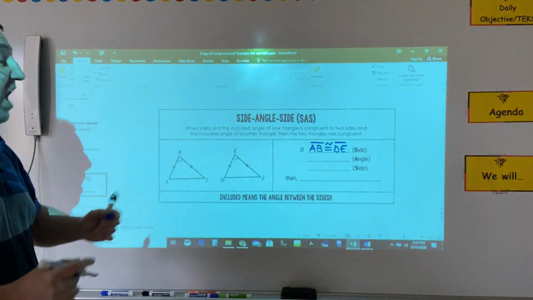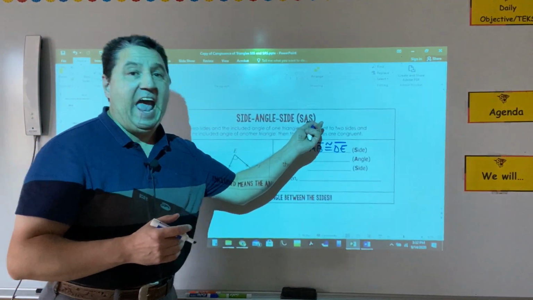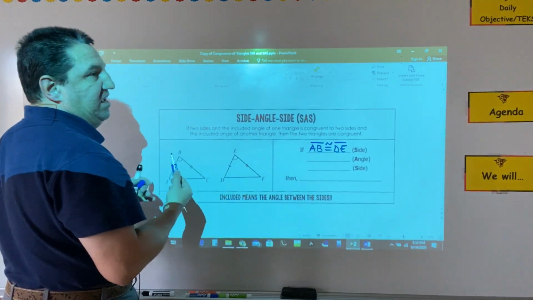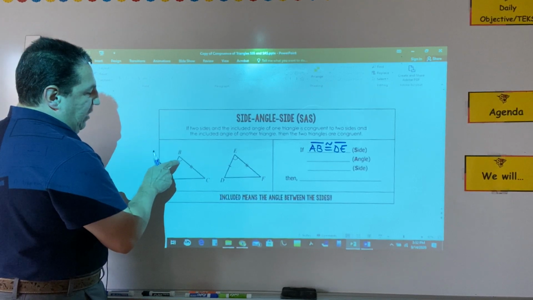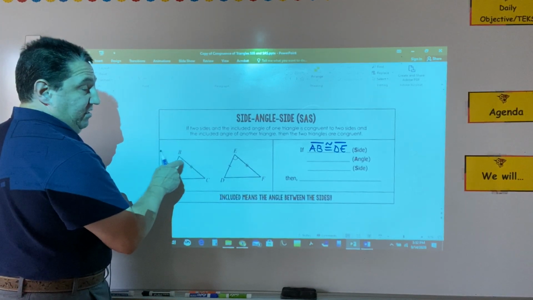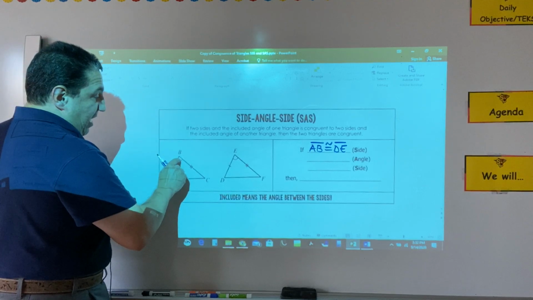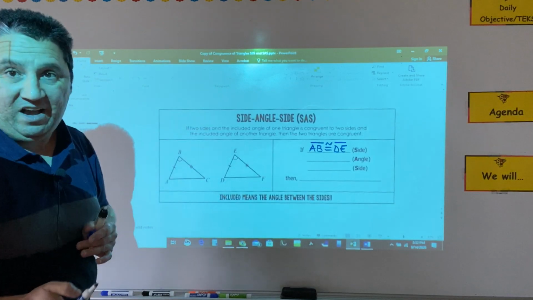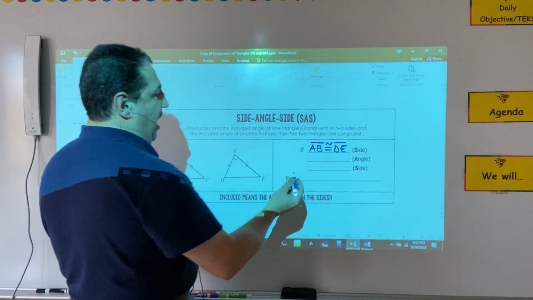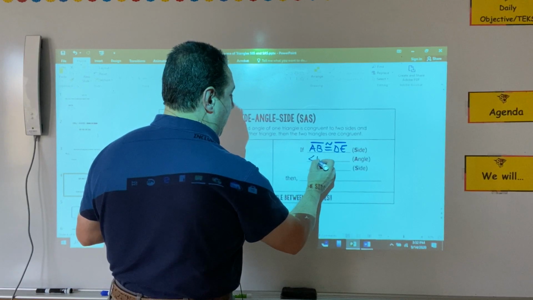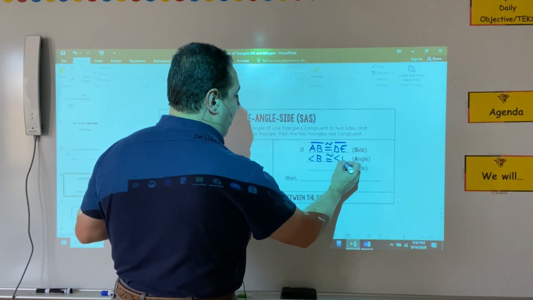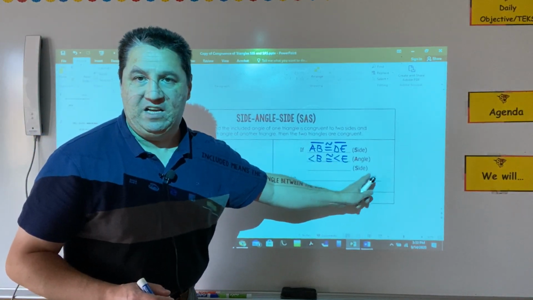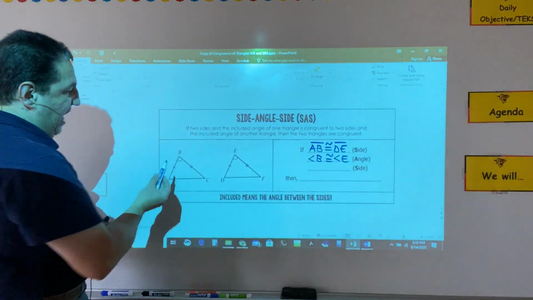Now we have to come up with an angle. What is the angle that is included? In other words, the angle between these given sides is B. So, in this triangle, the included angle is B. In the other triangle, the included angle is E. So, we can say angle B is congruent to angle E. And now we have to come up with the second pair of corresponding sides.